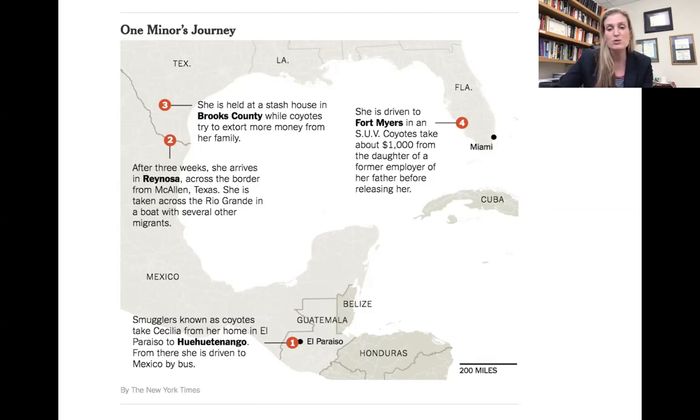And so Scorched Earth campaign refers specifically to that genocidal campaign in the early 1980s that produced the deaths of up to 200,000 people.